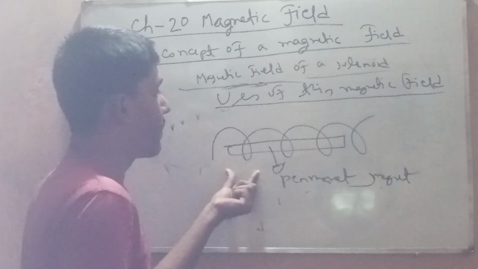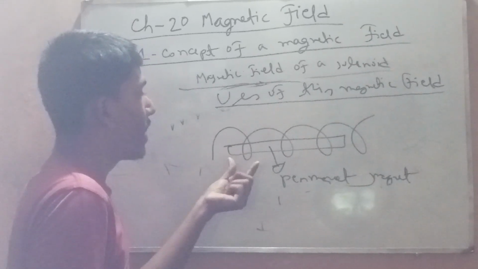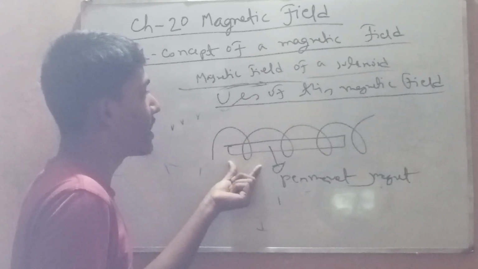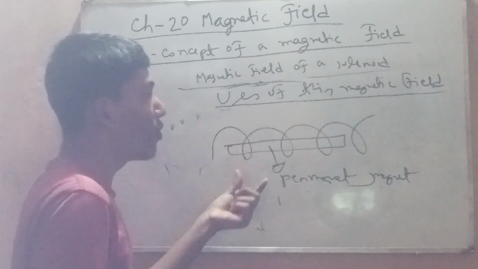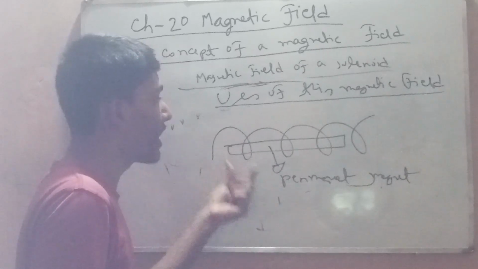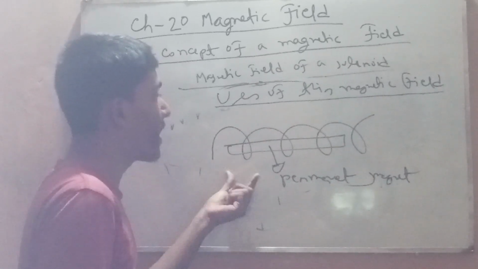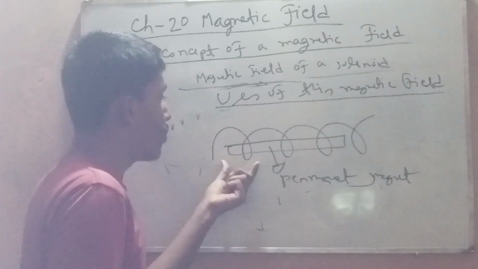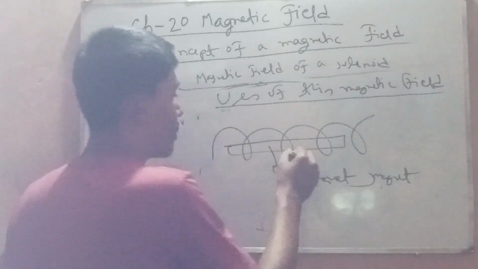The strength of the field is also increased if we place an iron bar inside the coil. Then it will be a 1,000 times stronger magnet. It will create a 1,000 times stronger magnetic field, and it will act as an electromagnet.